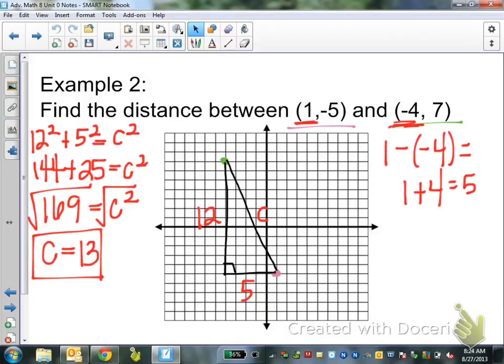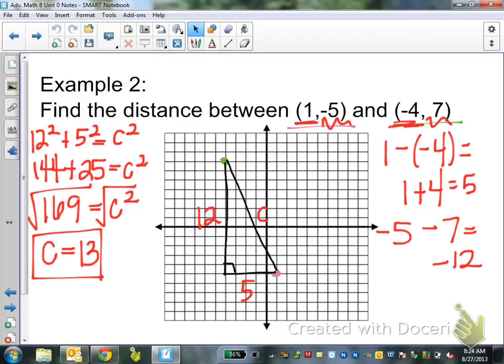So going with this subtraction thing, now look at the -5 and the 7. What would be -5 minus 7? -12, right? But if we're looking at distance, you can change it to a positive, right? Absolute value.